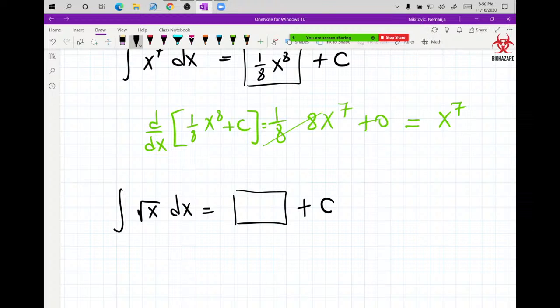It's not an easy question, because now you're thinking, wow, what goes in a box so that I can have my root x as the answer? Technically, you're asking the derivative of what is equal to square root of x. And that is a very tough question to answer. I mean, it's possible, depending on how well you know your math.